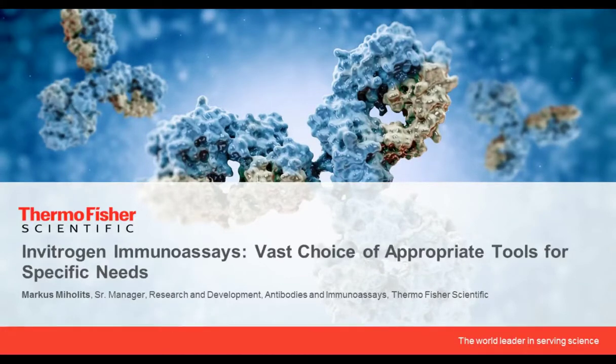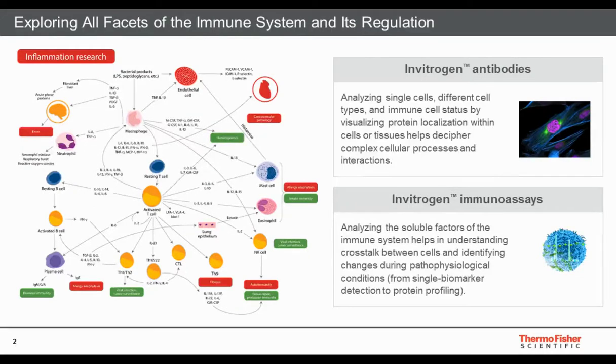Hi everyone, thanks for joining this webinar on Invitrogen Immunoassays. Under the trademark Invitrogen, Thermo Fisher offers highly validated antibodies on the one hand, and on the other hand, it makes use of this great source of in-house antibodies to develop high-quality immunoassays for research use.